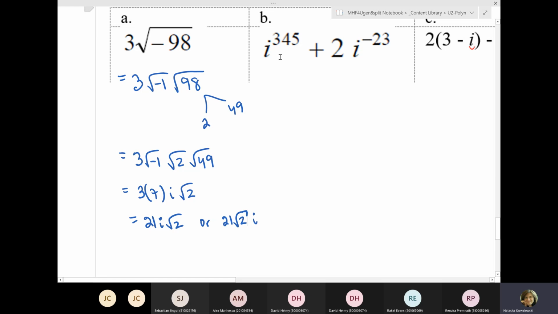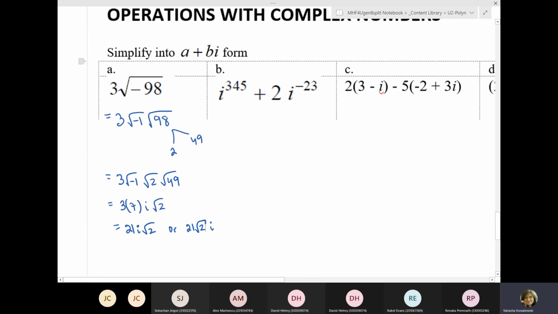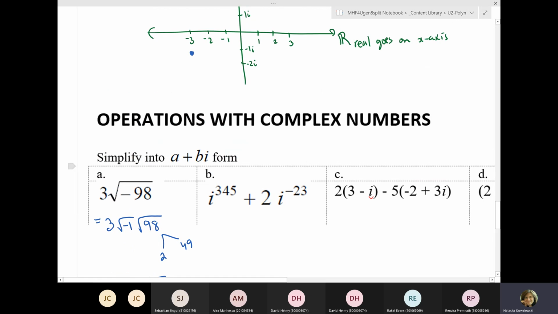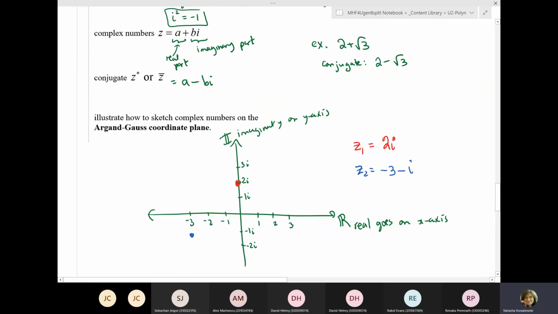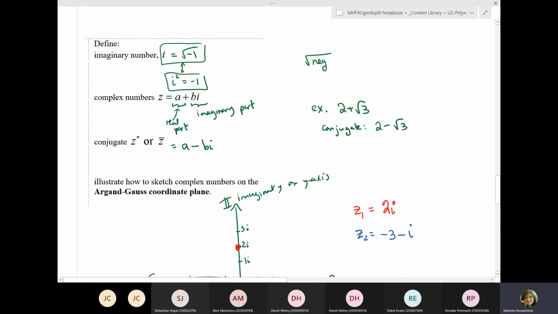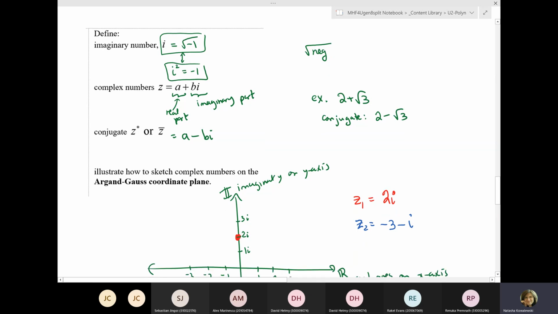So when you have powers on the i, there is a way to simplify that. And let me just show you something before that, though. Hang on, David. You can say hello in the meantime. Hello. Okay. So we're going to be using the fact that i squared is -1.